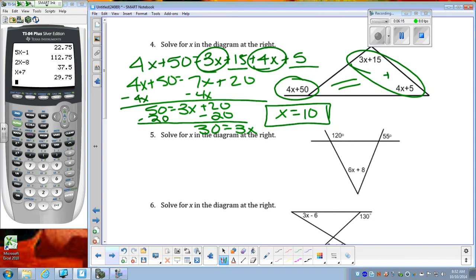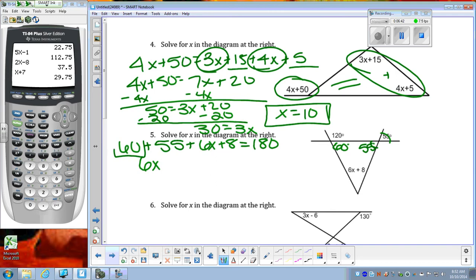All right, number 5, I can use some exterior angles. What I'm going to do is I know that this piece here has to be 60 because it makes a line with 120 degrees. And this angle over here has to be 55 because it's vertical. So then I know that the 60-degree angle, the 55-degree angle, and the 6x plus 8 make up my triangle, so they have to equal 180.